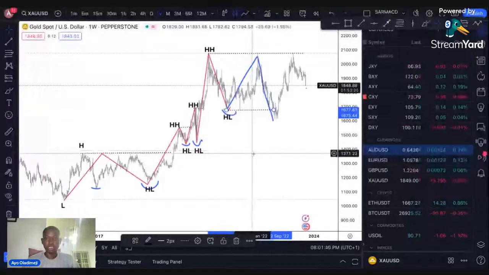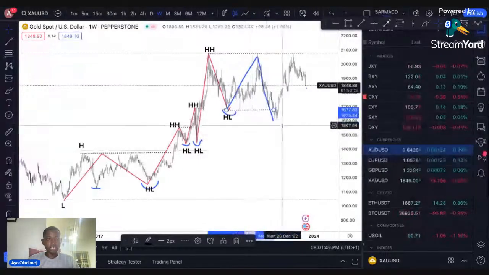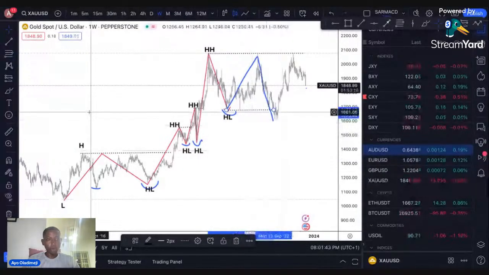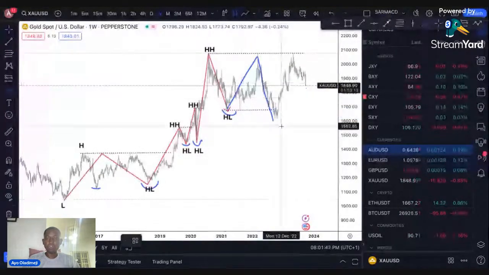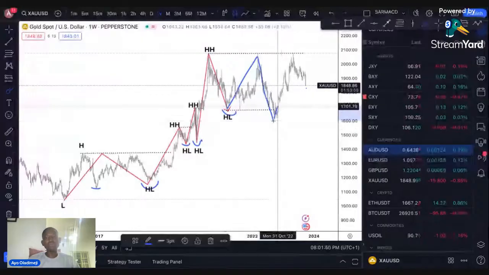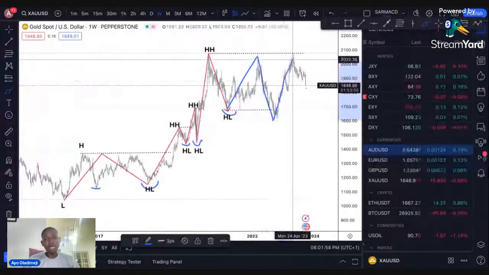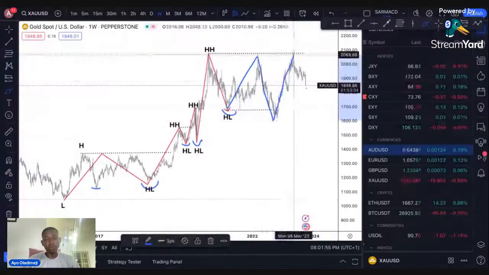The trend has changed. Okay, so what do you see next? Price goes up, because price must go up after it breaks this low. It has to go up to create a new series and then give us this higher equal high.